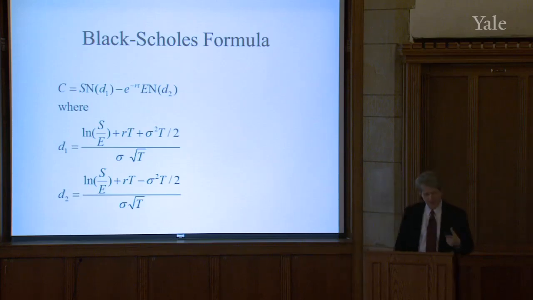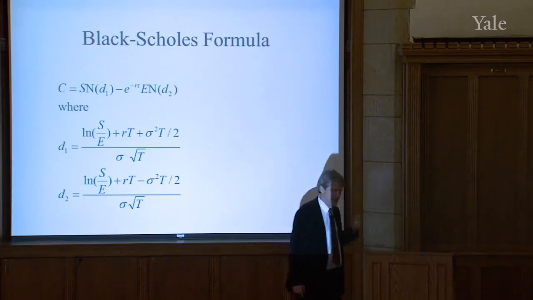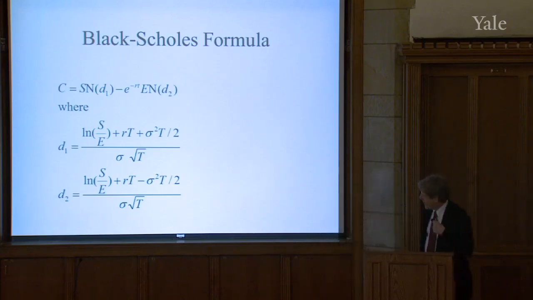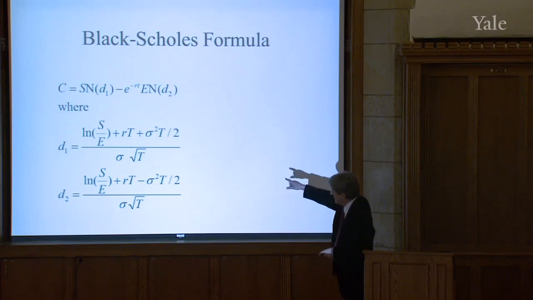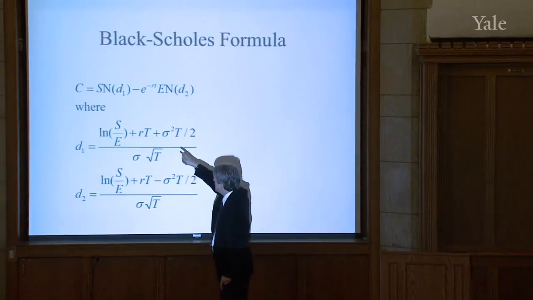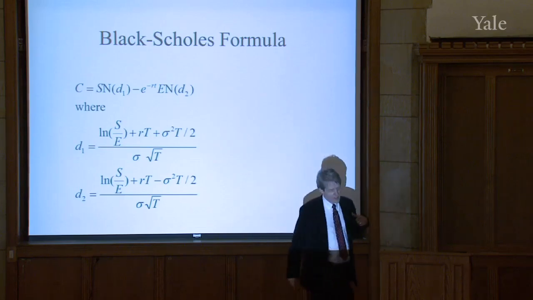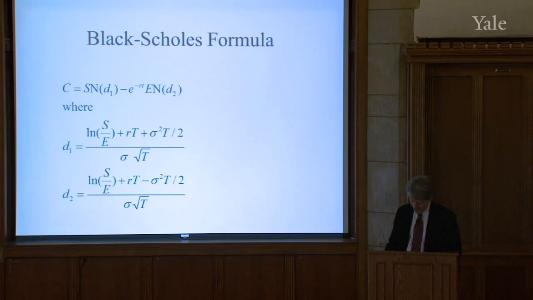Well, it must be that people think, I'm going back to the old interpretation, that the probability of exercise is high. Right? If an out-of-the-money call is valuable, it must be people think that sigma is high. So let's actually solve for how high that is. I can't actually solve this equation. I have to do it numerically. But I can calculate for any call price, given the stock price, exercise price, time to maturity, and interest rate, what volatility would imply that price.